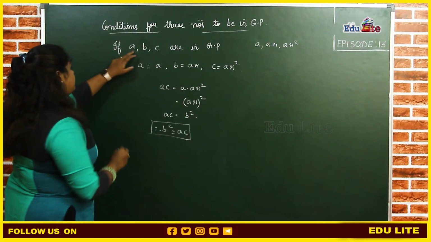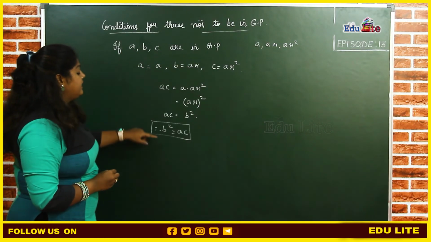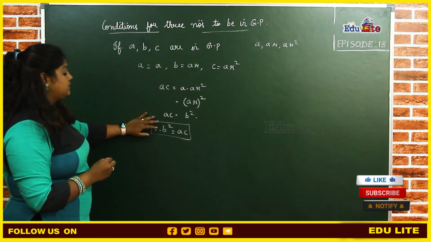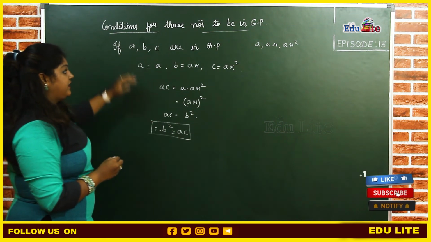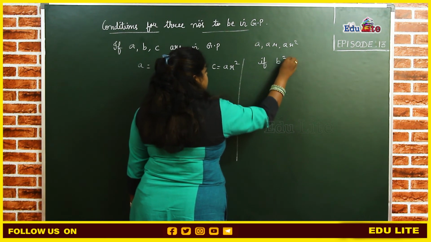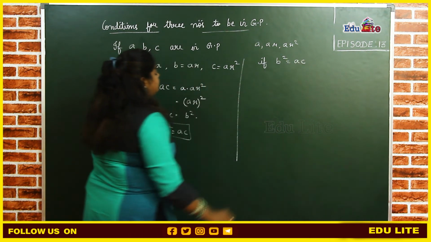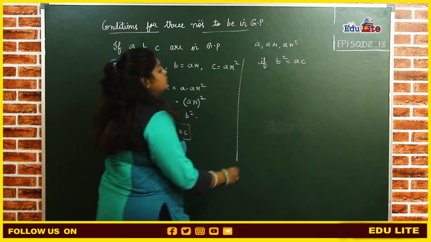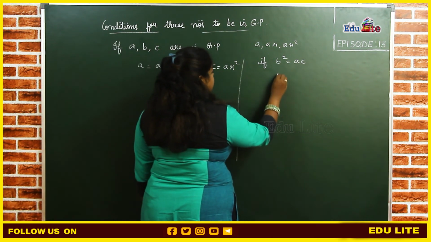If A, B, C are in GP, then we can write B square equals AC. We can prove this vice versa, the other way around. If B square equals AC, we can as well prove that A, B, C are in GP. How to do that is, we will divide both sides by A.